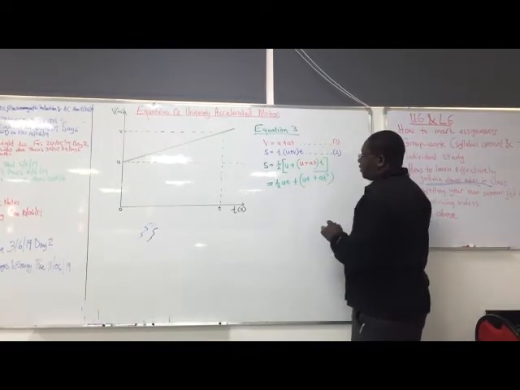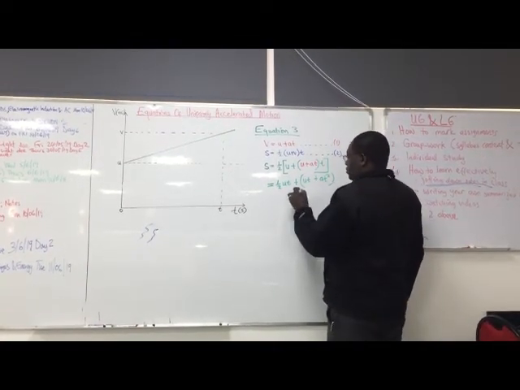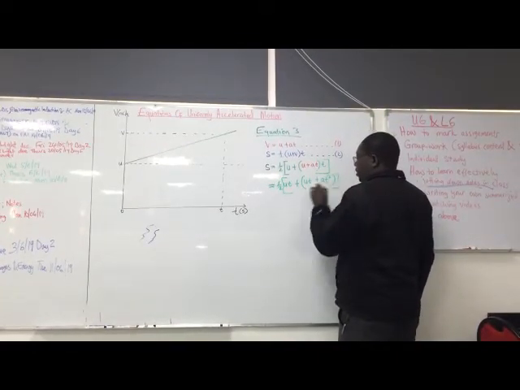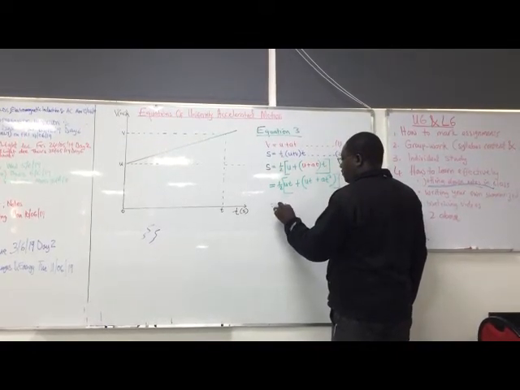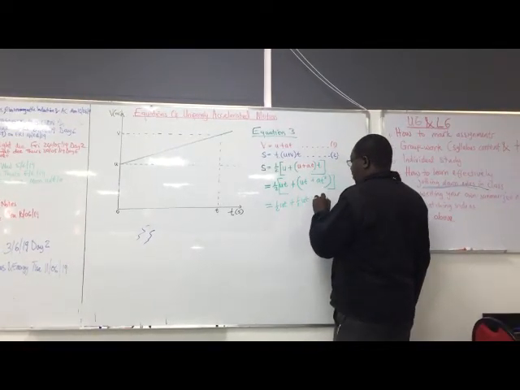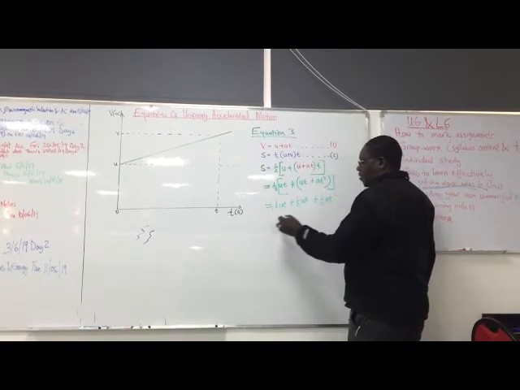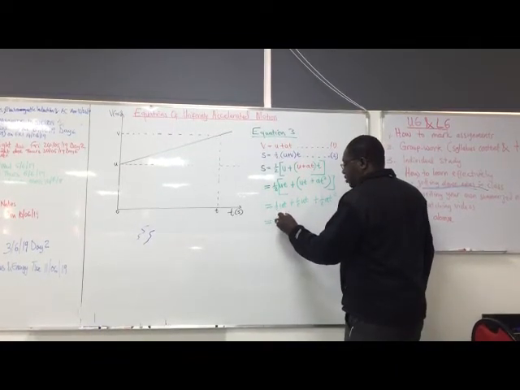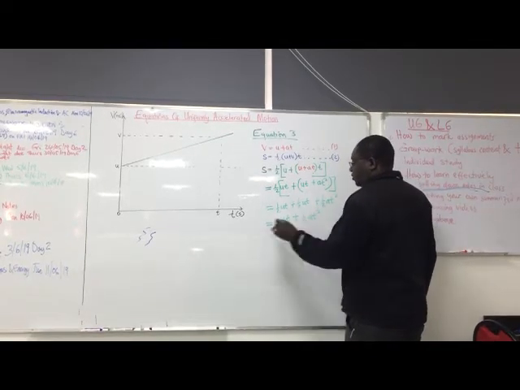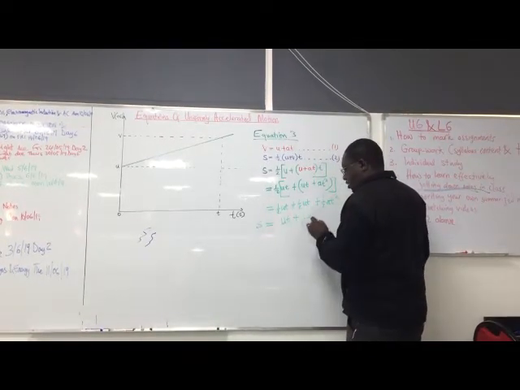Then we close the bracket. Remember this half multiplies everything, so it's going to give us half ut plus half ut plus half at squared, which then becomes ut plus half at squared. So that is our equation number 3.